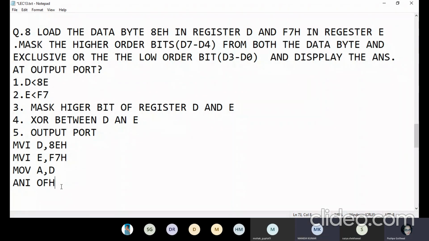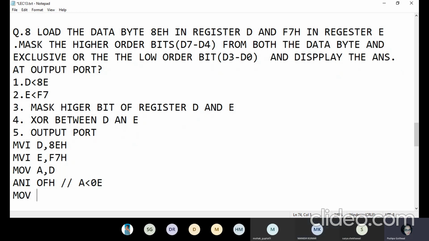Okay. Now after this instruction, what value does your accumulator have? 0EH, right? So the first byte is masked, then you have to mask this one, but you have to perform the same operation using the accumulator. So first you have to load this value into another register.